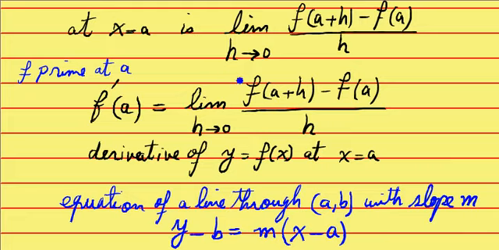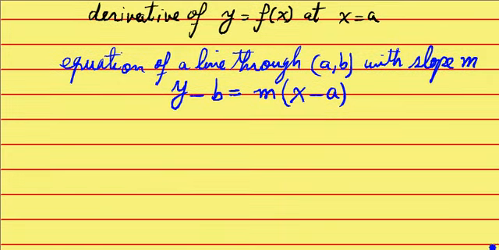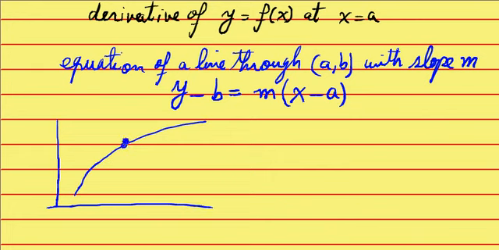Well, for the tangent line, here's the issue. If I have one function and some point on it, and I want to write the equation of this tangent line, I'll have my x coordinate, that is a.